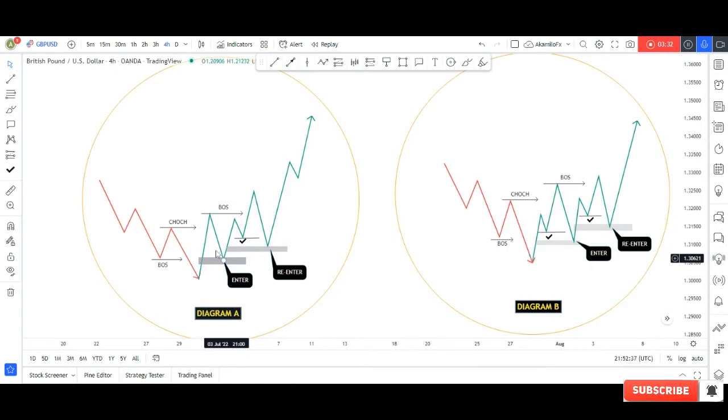So look at something. When price breaks here, price now forms a new higher high. So this is our lower low. Price gives a new higher high and higher low.